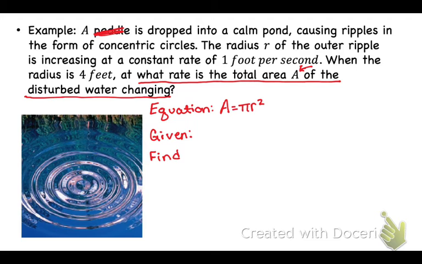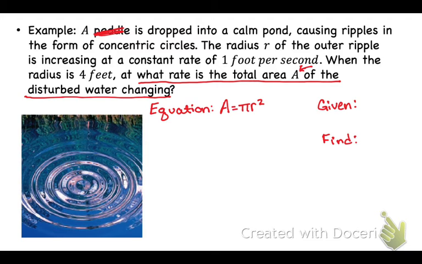Now, I wrote those on the other side last time, didn't I? Sorry, it doesn't really matter. Sometimes you find your given before you find your find. So I write with words and put it where it goes. I read back through my problem and it says the radius r of the outer ripple is increasing at a rate of 1 foot per second.